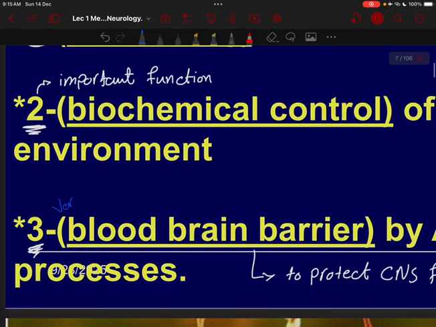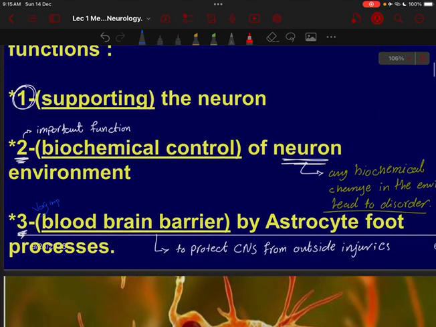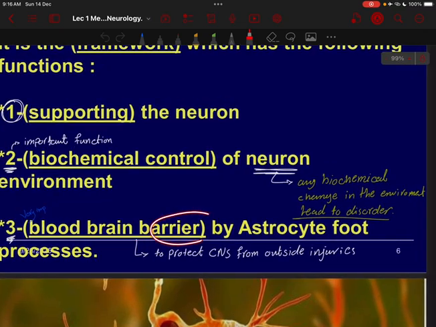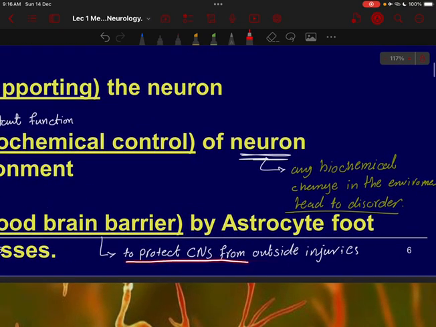The blood-brain barrier is formed by the astrocyte feet. From the name, a barrier, it's like the first line which separates the nerve tissue cells from the outside.